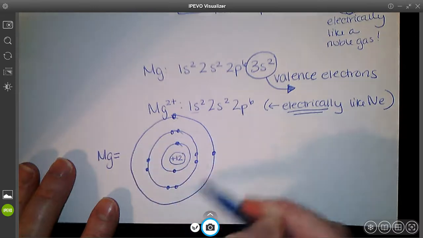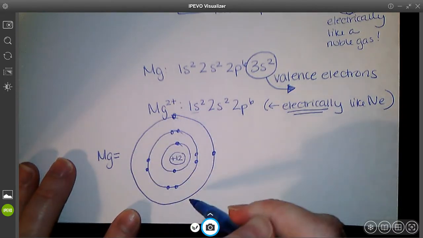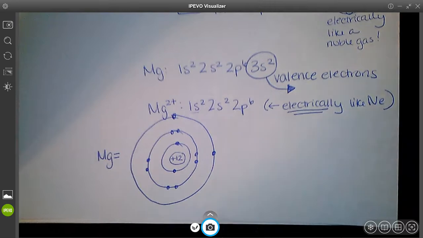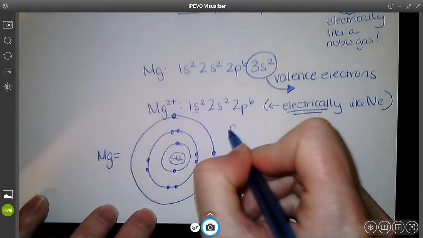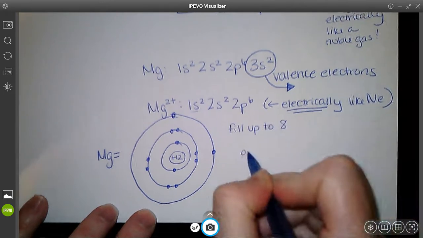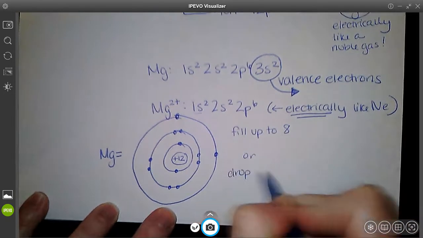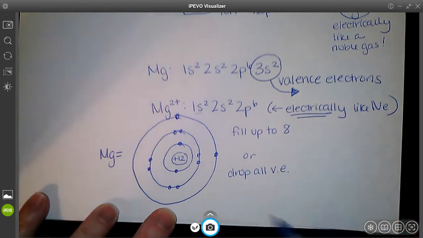Now this outer energy level isn't full, right? It's only got 2 of them. And whenever an atom is becoming an ion, it's got the choice of either filling up to get to a full octet or losing to go to the full shell underneath. So this has the option of fill up to 8 or drop all valence electrons.